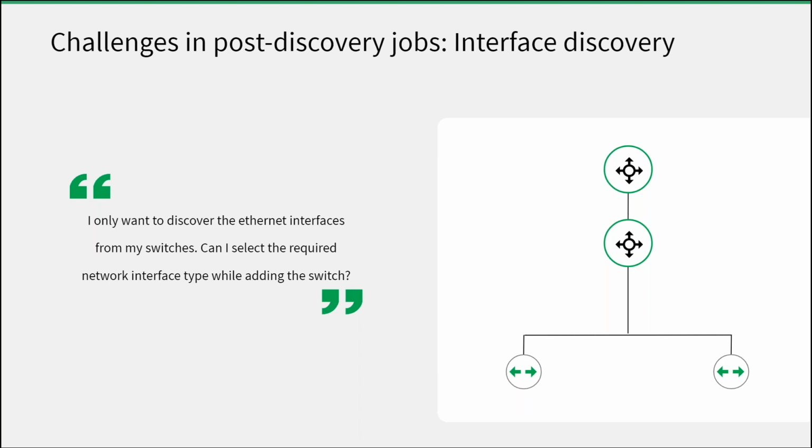That's a common challenge, because whenever a network administrator adds a switch or a router, there will be several interface types, like Ethernet interfaces, loopback interfaces, and others, and he really does not want to monitor the other types. He only wants Ethernet interface types. Is that possible? This is another common challenge for a network administrator in terms of interface discovery.